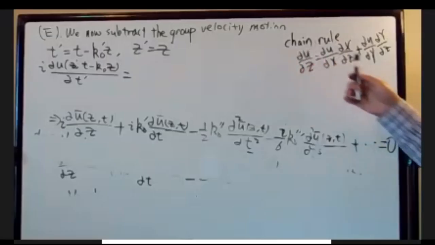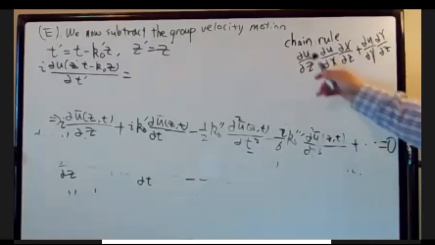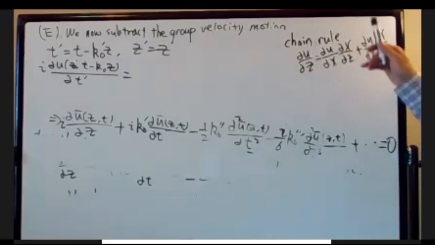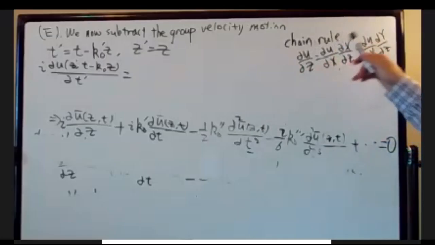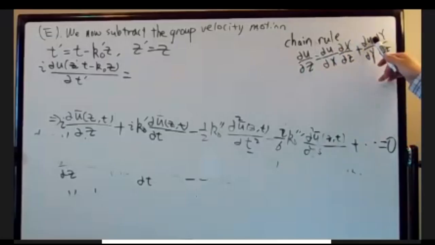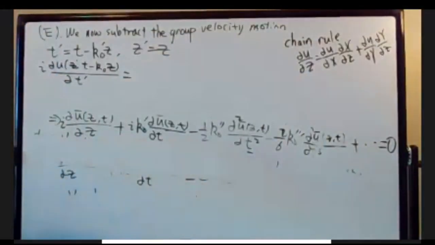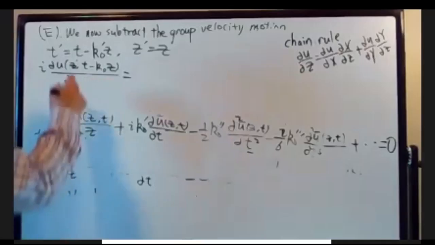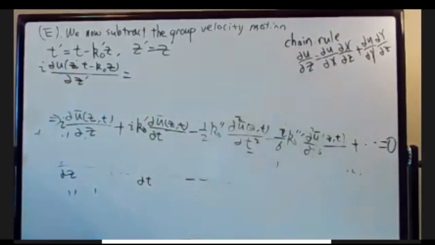If u is a function of x and y, when we take a partial derivative with respect to z, we need to include the chain rule: partial u over partial x, partial x over partial z, plus partial u over partial y, partial y over partial z. So in that case, we need to put it here as the z. Actually, it's the z prime, sorry, z prime, right?